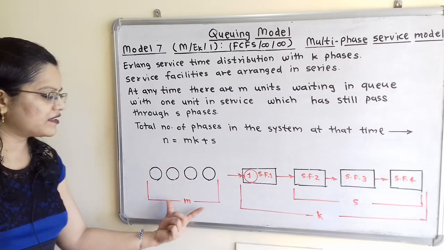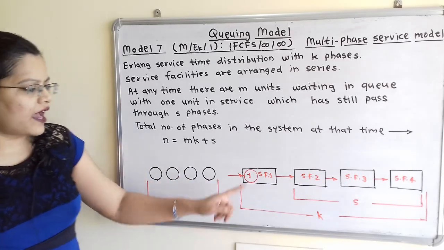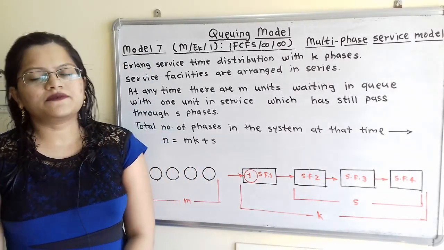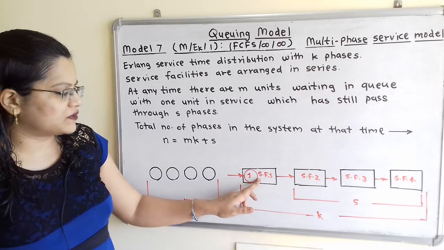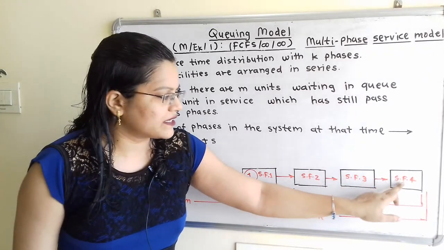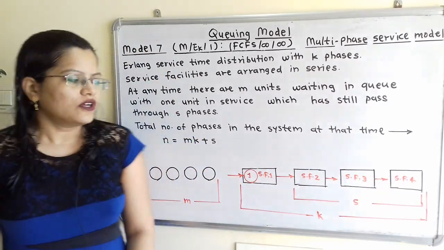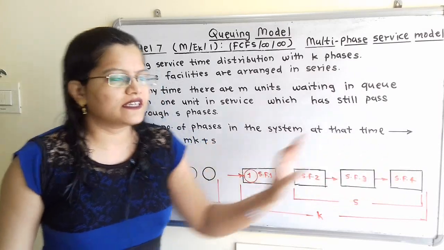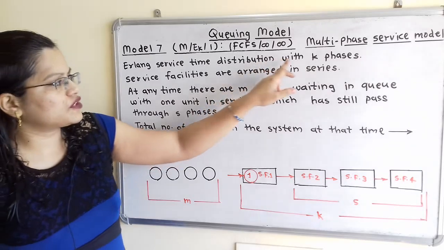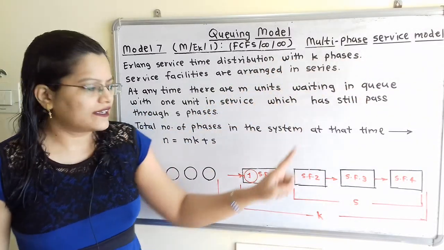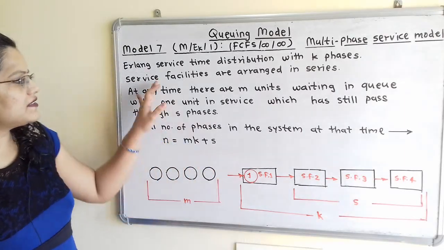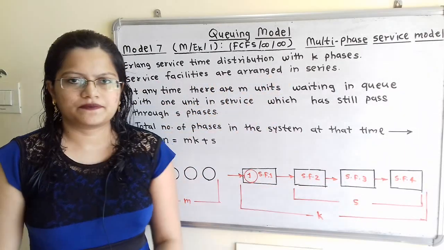We will consider M number of units, and there are a total of 4 service facilities arranged in series: service facility 1, 2, 3 and 4. So this is Erlang service time distribution with 4 phases, that is K is equal to 4, and these facilities are arranged in series.